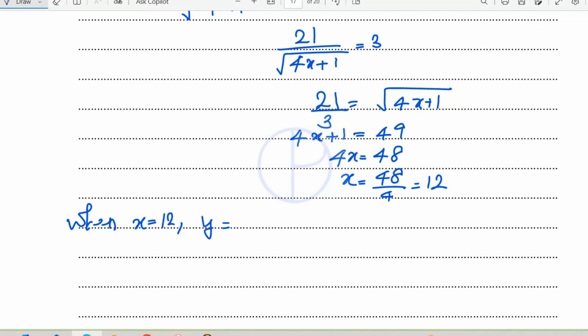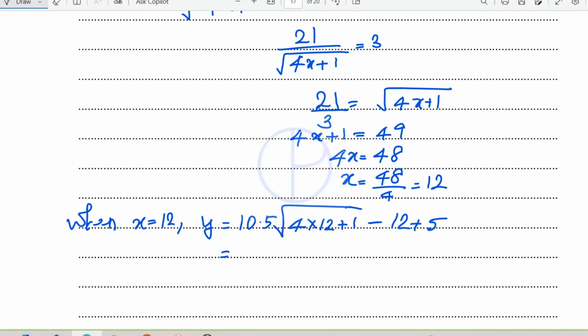Y is equal to k, that is 10.5 multiplied by square root of 4x plus 1, minus x, the x value is 12, plus 5.